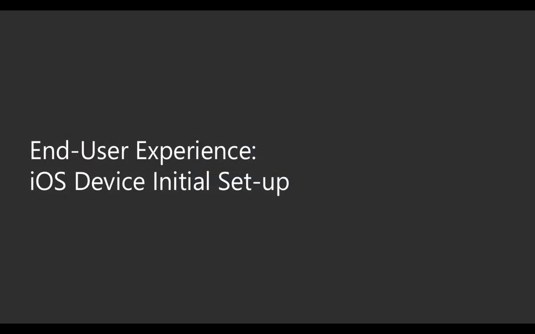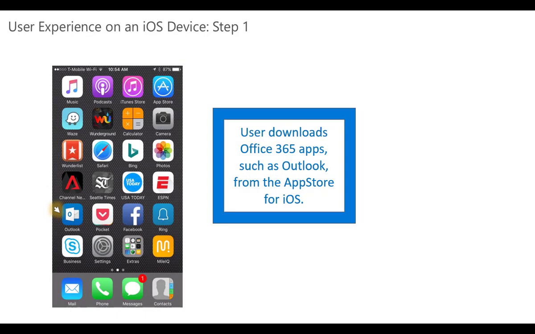So what's it going to look like for someone who wants to use an iOS device when they join that device to the Microsoft 365 business environment that you've just set up? Typically the user can download the Office 365 apps, Outlook, SharePoint and those sort of things from the store.